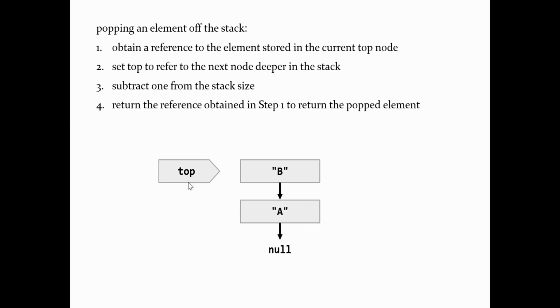So if you use top to access this node, and you access its next field, that gives you that link there. And that link there just points at the next node. So that arrow is really a reference to the next node in the sequence. So writing something like this.top equals this.top.next just moves top so that it points at the next node in the sequence.